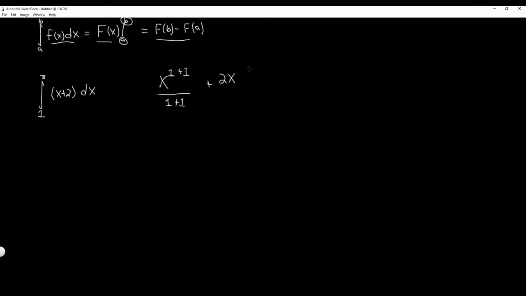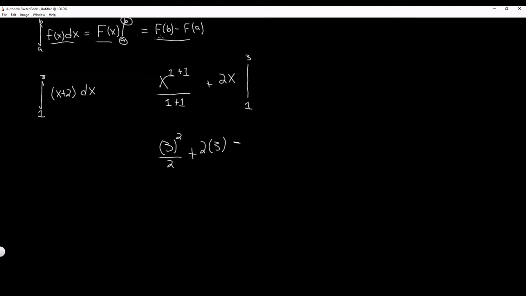So here's our antiderivative, but then we have to integrate it from 1 to 3. The way we do this is first we plug in 3 to our antiderivative. So this will be 3 squared divided by 2 plus 2 times 3.